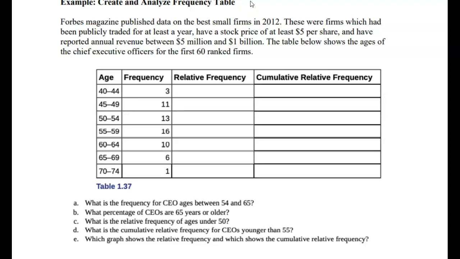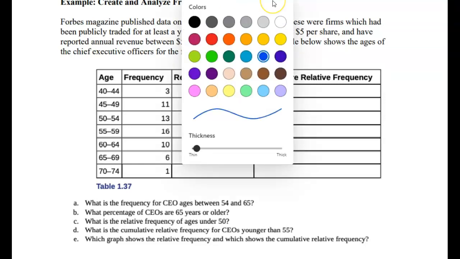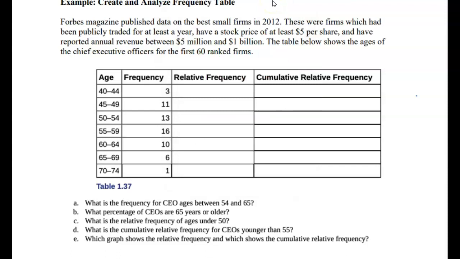What is the frequency for CEO ages between 54 and 65? Alright, so let's look. 54 and 65. So this means this one here up to here.